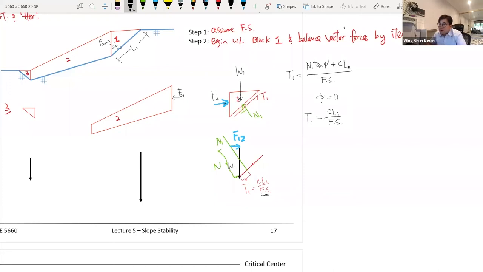Is it a correct factor of safety? We don't know until the end of the block. Because if the factor of safety is correct, at the end of the day, all the forces will close at wedge number 3. So any questions here? I don't want to lose anyone. Any questions here?